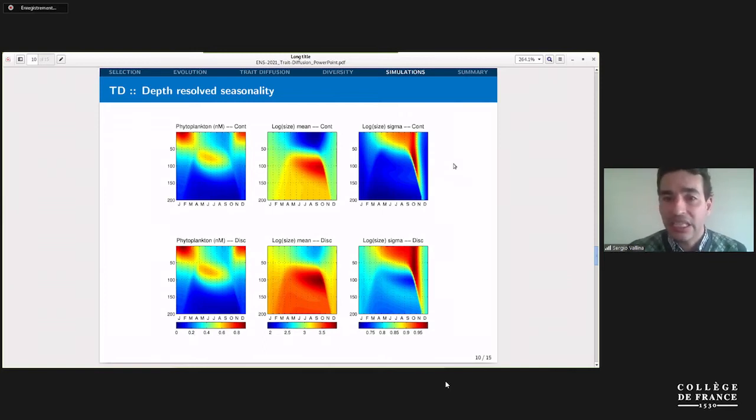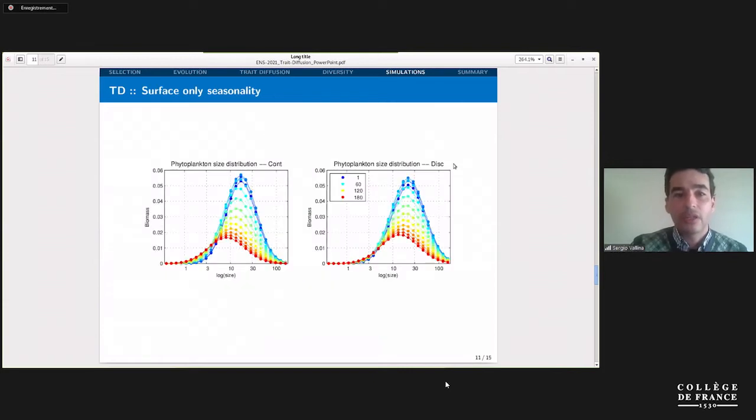Here I'm going to show the same results, but only for the surface, so you can see it a little bit more intuitively. So I'm showing here just the first point in depth, the first layer. On the left side, the continuous approach. On the right side, the discrete entities approach.